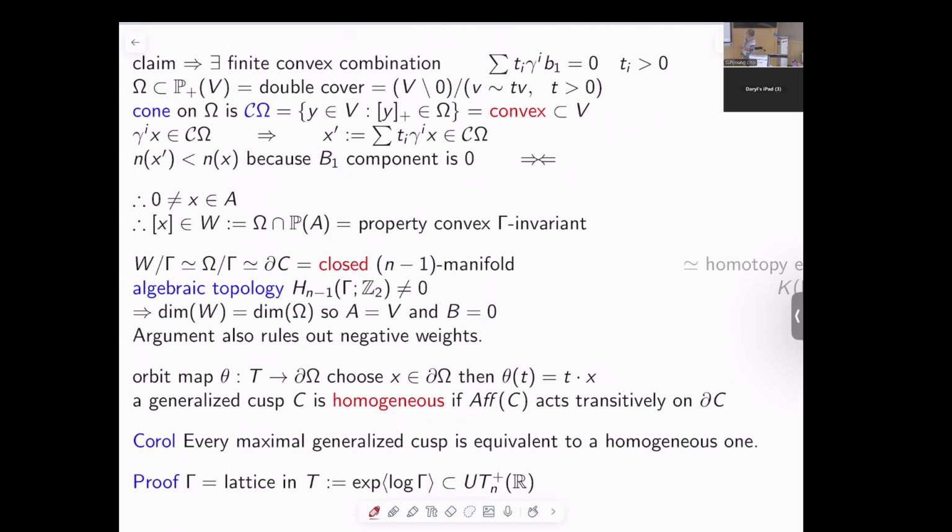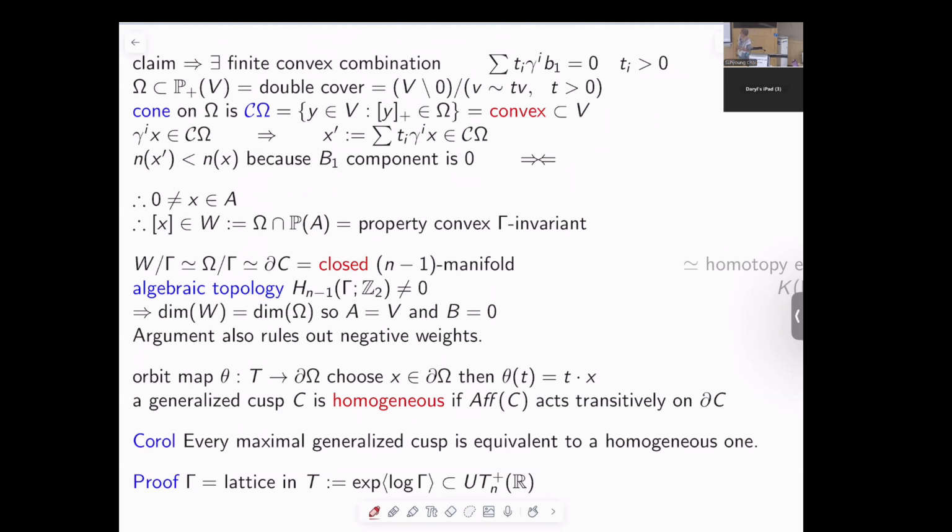So I get a new point whose projectivization is in omega. And this new point has zero B1 coordinate. So it contradicts the minimality of the number of non-zero complex coordinates in X.